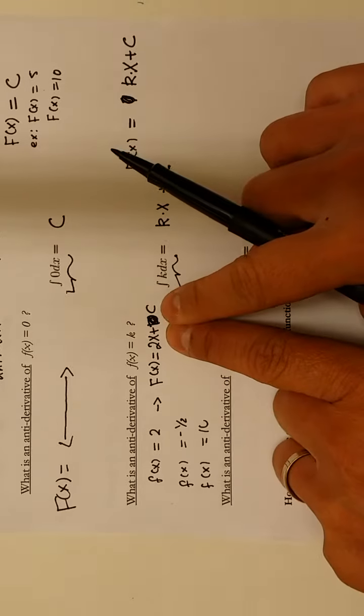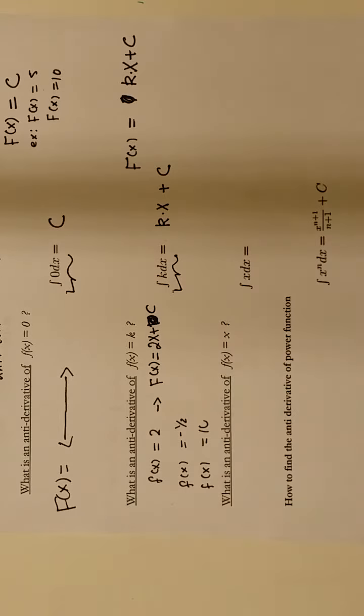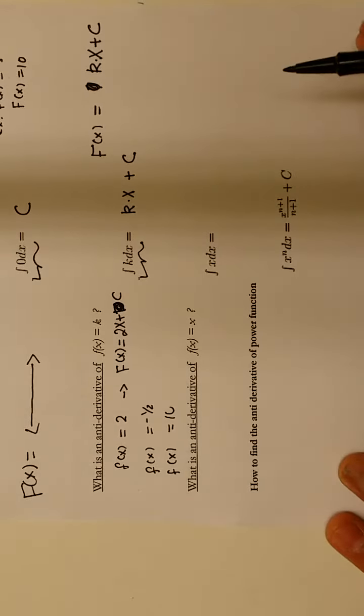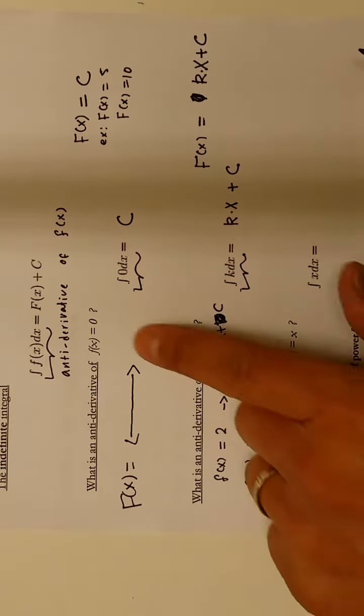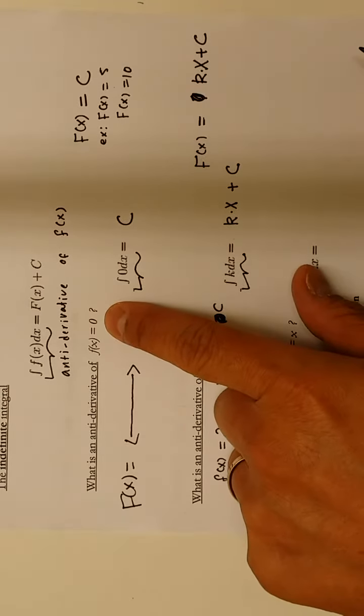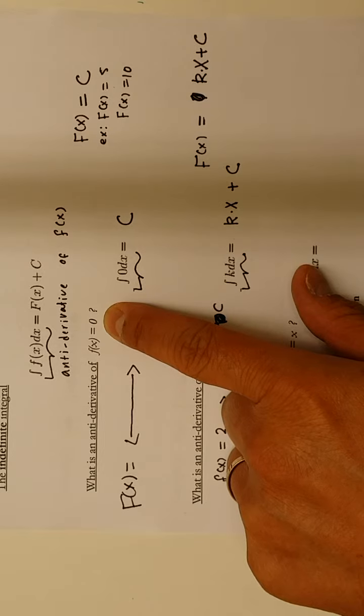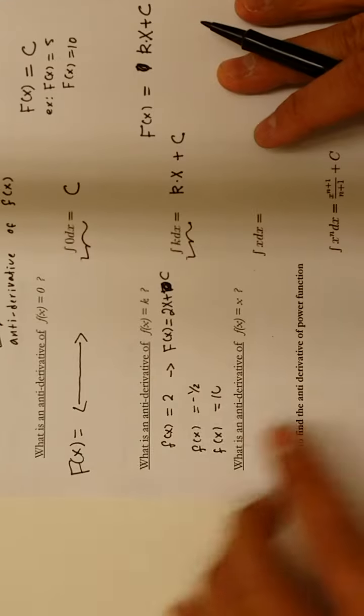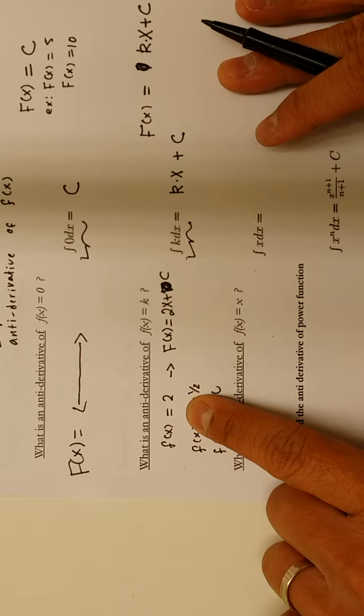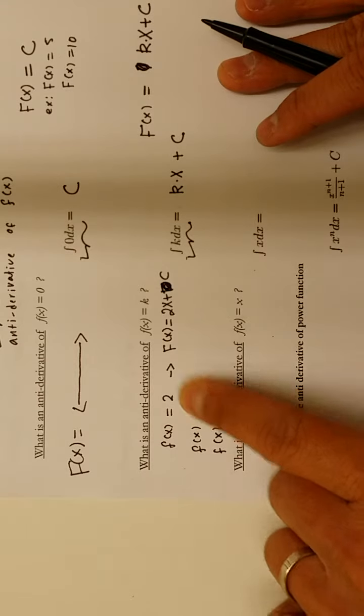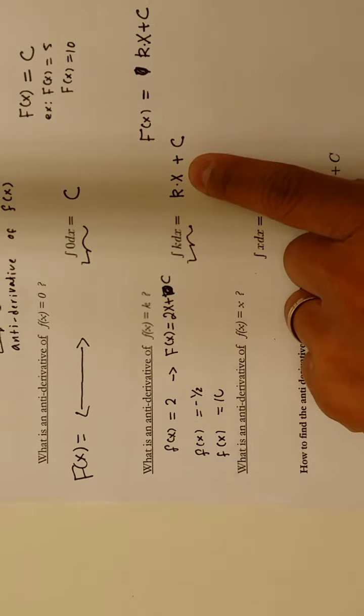If you take the derivative of this, you do get 2. So if your derivative is 0, then the antiderivative is a constant function. If your derivative is a number, then your antiderivative has to be the function of a line.